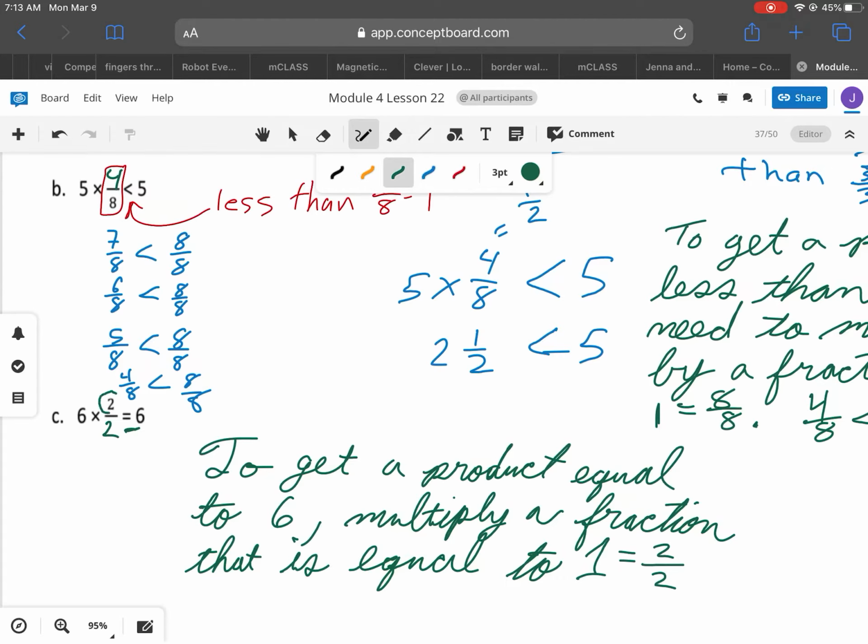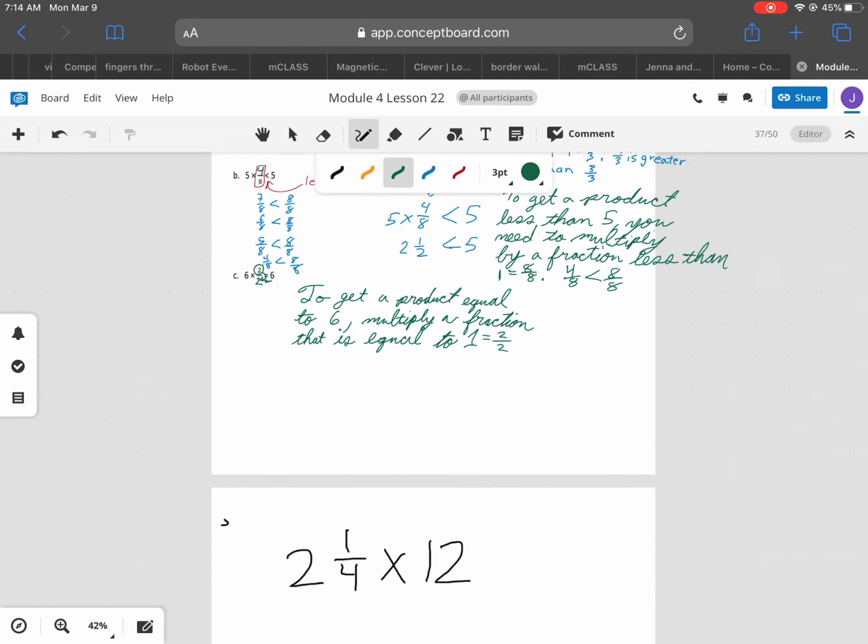Now you might say, can I do 3/3? You can, but they give you a 2 here, so it has to be a 2 here on the bottom.